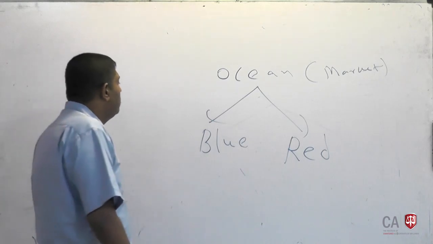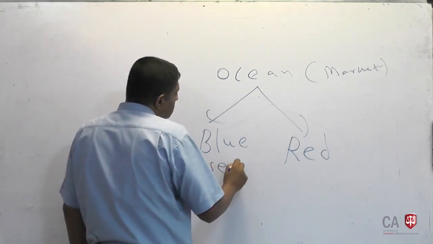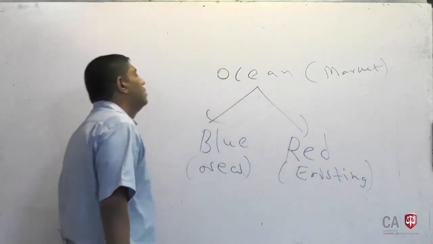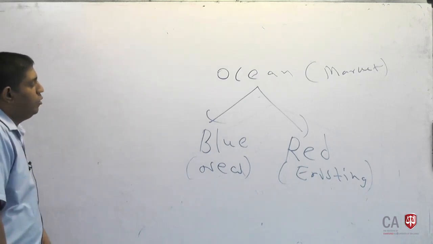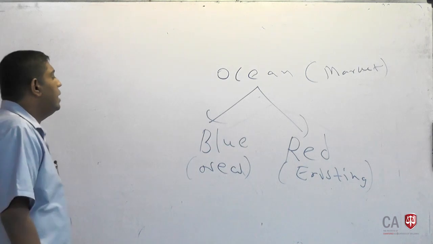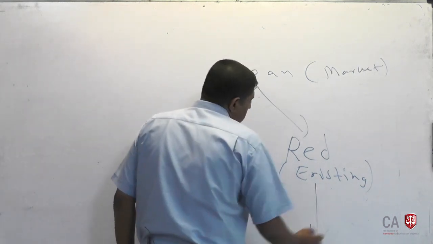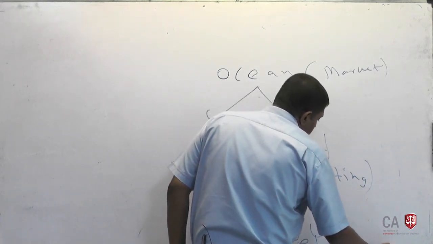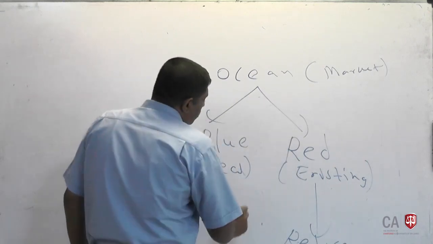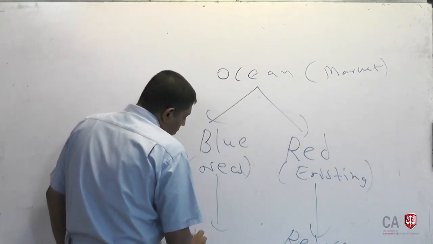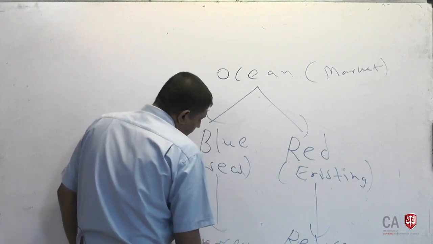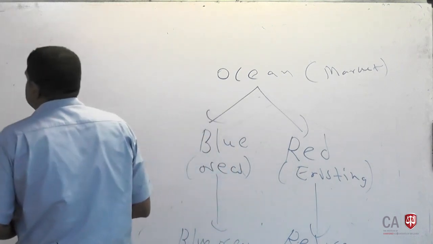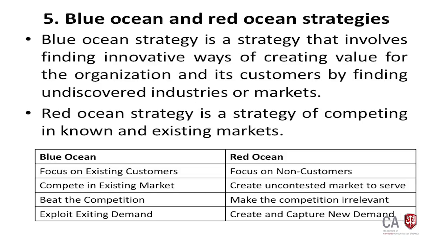Blue means new markets, red means existing market. Strategy applied in the existing marketplace is called red ocean strategy. Strategy applied in the blue ocean market is called blue ocean strategy. Right. So, we will look at the meaning of them.